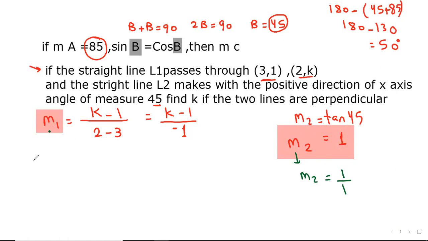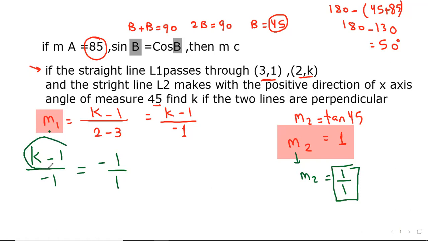So the first slope, which is K minus 1 divided by 2 minus 3, equals, exchange the sign and exchange, so it will be negative 1 over 1. And then do cross multiplying. Okay, K minus 1 equals negative 1 times negative 1 divided by 1.